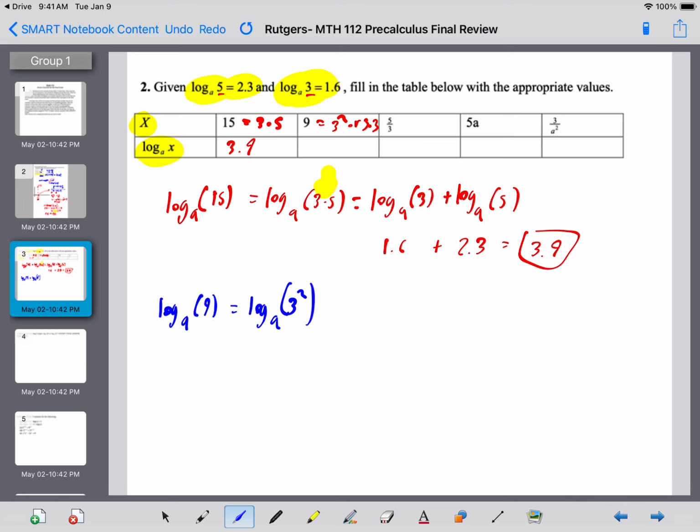If you did 3 times 3, you would just do log base A of 3 plus log base A of 3. But now I have an exponent in my log, so I could use my power law. Your power law allows you to bring the exponent to the front, separated by multiplication. So 2 times log base A of 3. We said that log base A of 3 is 1.6.